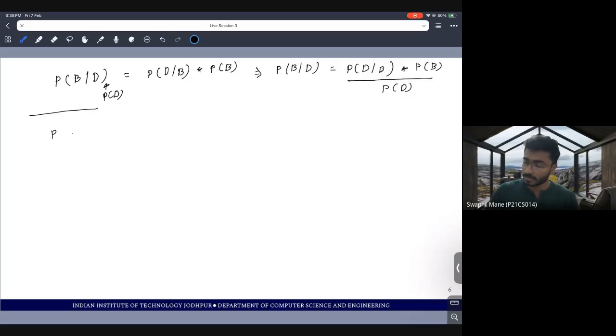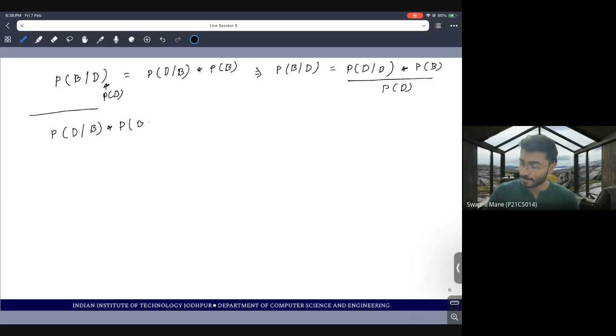Here we need to calculate the probability of defective given B company, and the a priori probability of B.